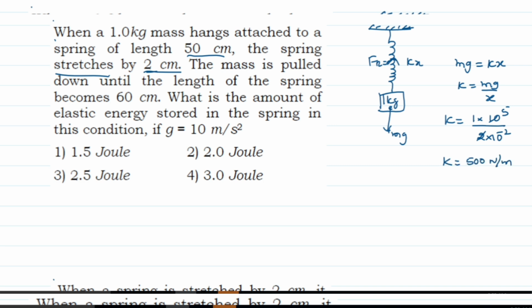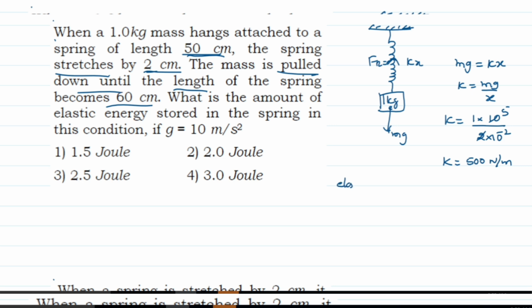Now the next case, the mass is pulled down until the length of the spring becomes 60 centimeter. Initial length is given as 50 centimeter. Now we are pulling up to 60 centimeter. So whatever the work you are doing to stretch the spring, that can be stored in the elastic potential energy.